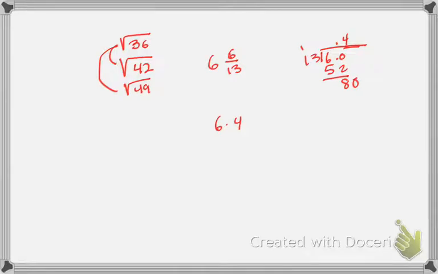We'll say it goes about 6 times. 6 times 13 is 78. I have a remainder of 2, and we can keep going, but it's about 6.46. Now, I had said to you, when I looked at that fraction, it's a little less than half, so I said about 6.45. So I'm pretty close. Okay, one more time.